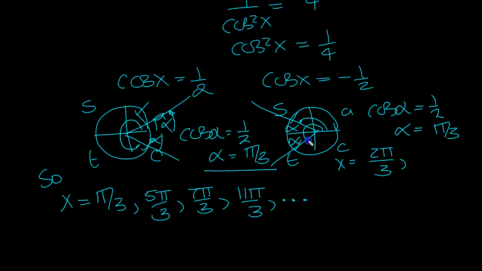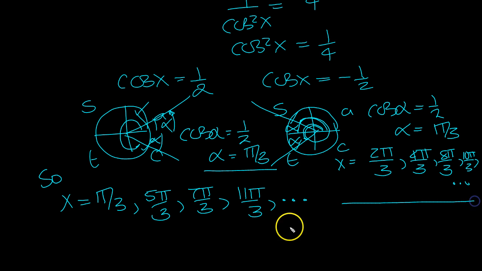The next one is here, which is pi plus pi over 3, is 4 pi over 3. Then the next one is round 2 pi, round to 3 pi, 9 pi over 3, plus pi over 3 is 8 pi over 3. And then 9 pi over 3 plus 1, 10 pi over 3, and so on. So you get all these solutions and all these.